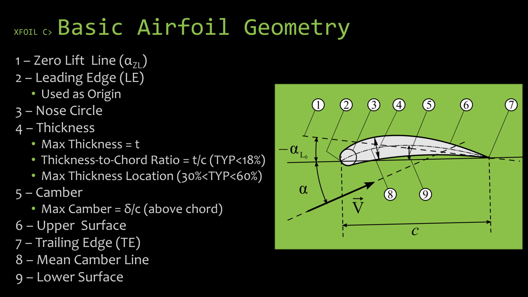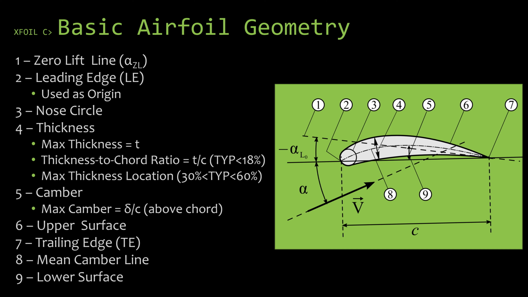Now, camber is the distance from the chord to the mean camber line. And one of the important parameters when we talk about camber is the max camber of the airfoil.